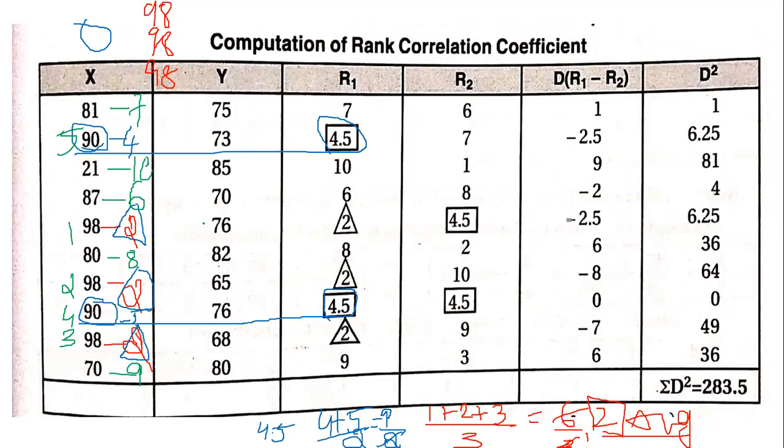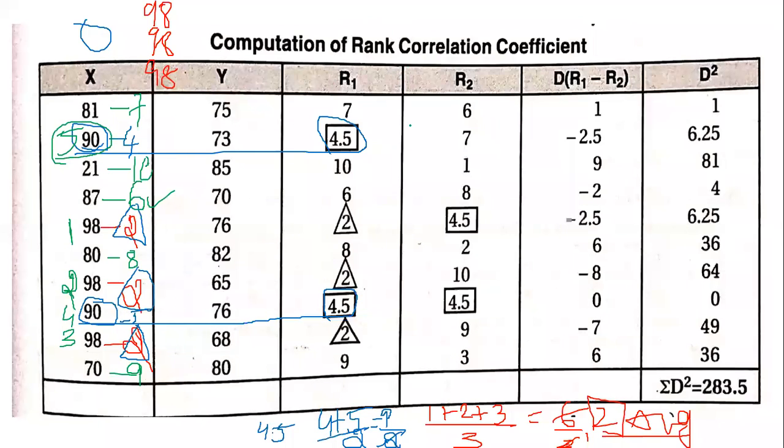Understood? I have not repeated except for the repetitive numbers. Rest all the numbers will get the usual ranking. But be careful. One thing you will have to remember is this position. The repeated number position has to be counted, because after that position only you will be able to take the next position.